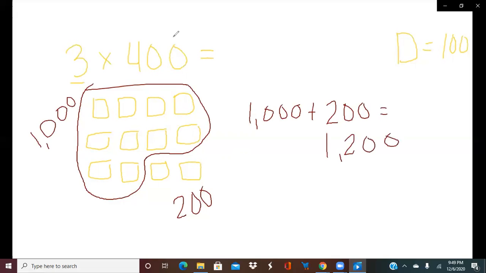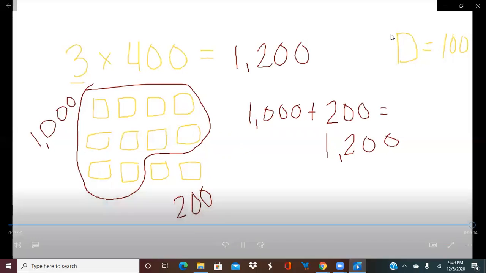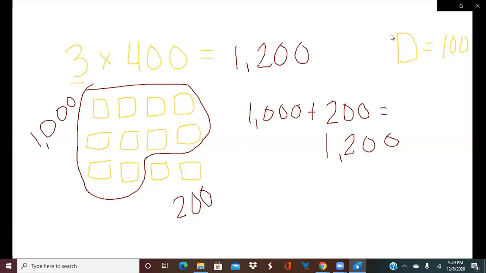So 3 times 400 equals 1,200. Okay? So let's do a little bit of practice with these, this way with models, and then I'm going to teach you how to do the other way with multiplying by tens, hundreds, and thousands by looking at the pattern. So let's do a few practice problems, and then we'll come back and finish our lesson on this part, okay? Perfect.